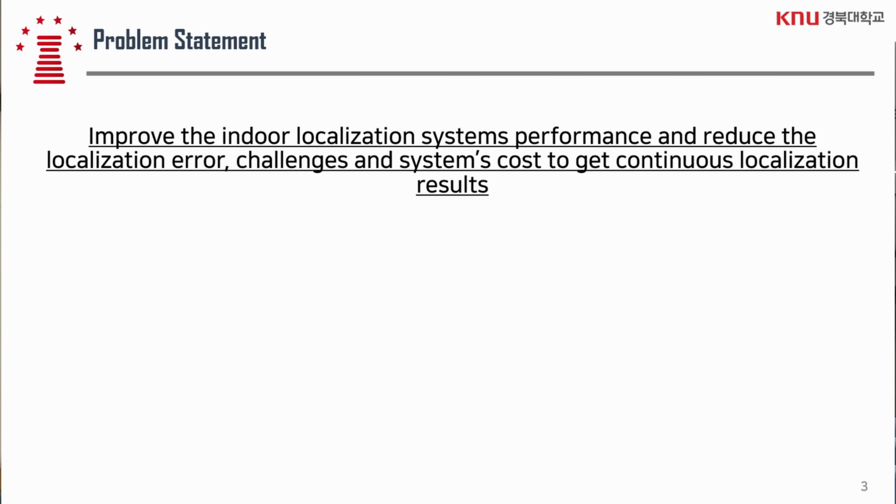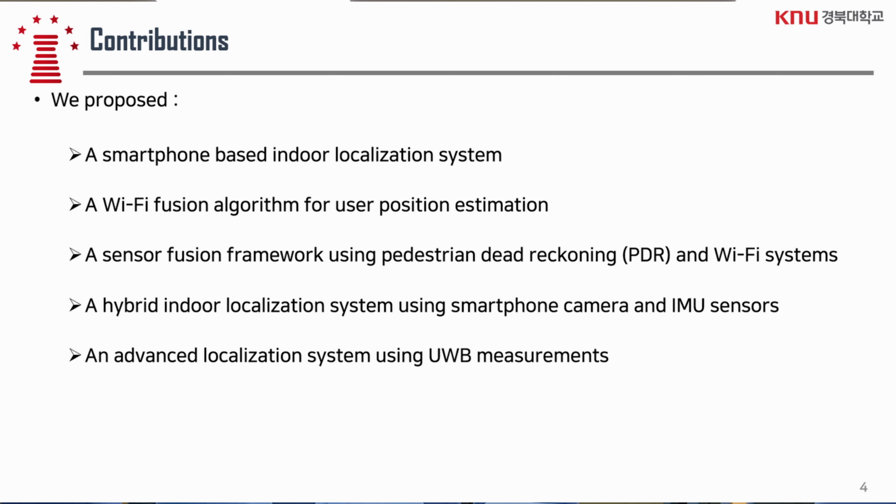We started with smartphone sensor-based localization, using sensors like accelerometer, gyroscope, and magnetometer data to identify the user position indoors. Next, we also use Wi-Fi RSSI signals for our localization purpose. And to improve the localization performance, we use the sensor fusion framework, which combines the IMU sensor data and Wi-Fi RSSI data together. We also proposed a hybrid localization system which uses IMU sensor plus camera.